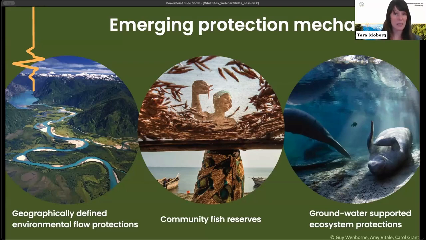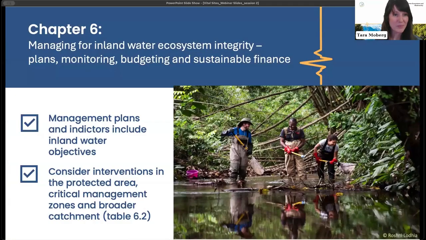And we heard about an example of that earlier today. Lastly, I wanted to touch on groundwater supported ecosystem protections, recognizing that unique tools will be needed when you're considering the interface between groundwater and surface water and habitats or species that may depend on those unique ecosystems. Next, please.